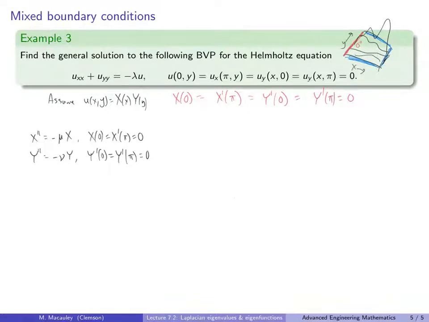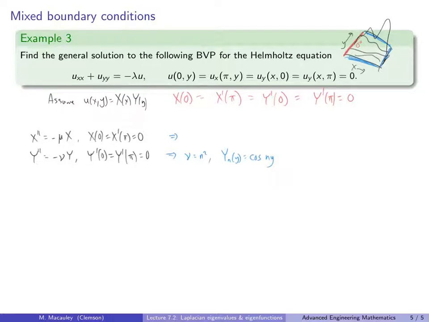We have solved both of these before. The second one we just did in the previous example. Let me write that down: nu equals n squared and Y_n of y equals cosine of ny. And this first one, we did a while ago. I think this was our example 3 in lecture 4.1, where we first saw boundary value problems.